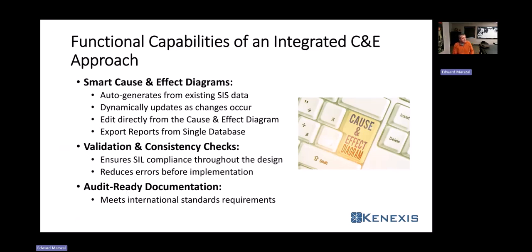Now, why is this important? A lot of auditors, when they're looking at your SIS designs, they're looking at the IEC 61511 standard. They're looking at clause 10.3.2, and they're making sure that all of the information that's asked for is available.